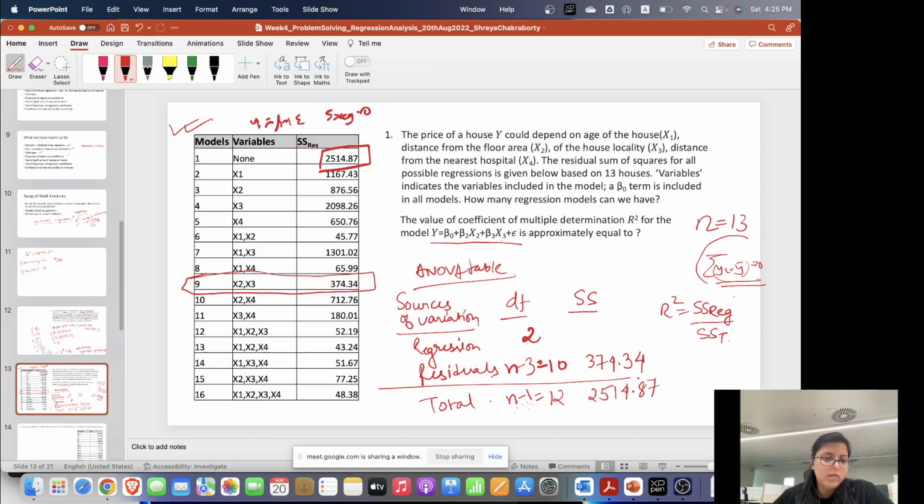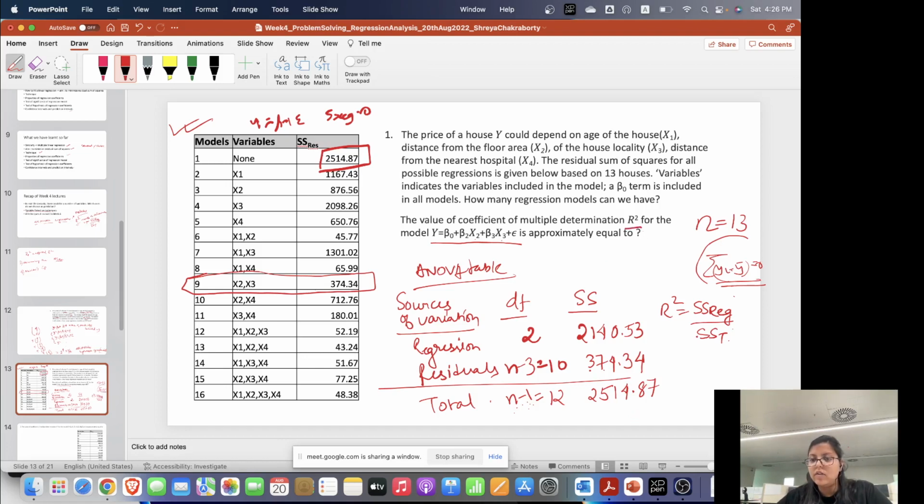Hello? Yes, ma'am. Okay. So once we have this total sum of squares, the sum of squares due to regression is just we need to subtract 374.34 from this one. If you do the calculation, and please let me know if I am correct or not, you would get 2140.53.